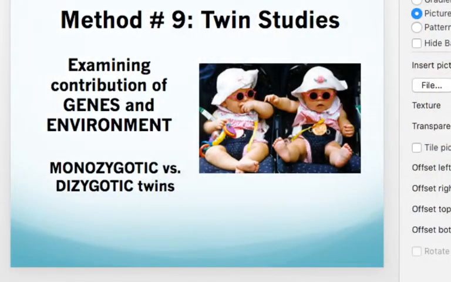Pero mahalaga rin na kapag gagamit ka ng twin study, naiintindihan mo yung pinagkaiba ng monozygotic twins from dizygotic twins. Very quickly, in twin studies, madalas pinag-aaralan yung monozygotic twins. What do you mean by monozygotic twins? These are twins who came from a single egg, a single zygote. Sperm meets the egg, it forms a zygote.